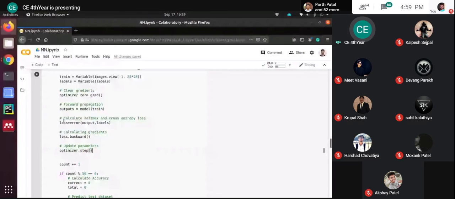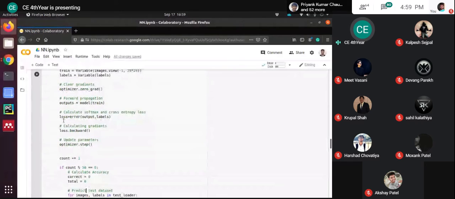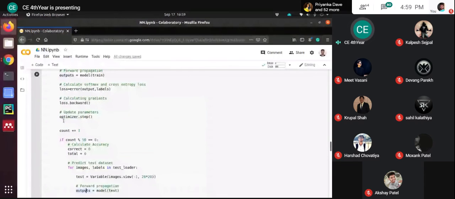But now to print the output, or to print the error graph, or the accuracy graph, what we'll do is try to trace the number of iterations. So that is one counter. And whenever the counter modulo 50, so after every 50 iterations, we'll calculate this. That's why we have that list. Right, so let's see what we are doing over here.